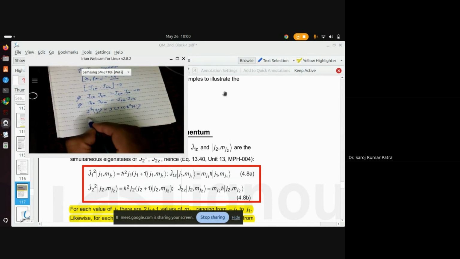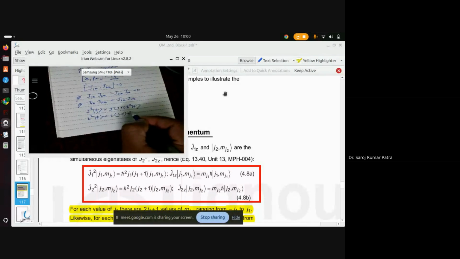So similarly, L square psi will be equal to L into L plus 1 h cross square, and S square psi equal to S into S plus 1 h cross square psi. Okay. So these are the eigenvalue equations that orbital angular momentum, spin angular momentum and total angular momentum will follow. ठीक है.